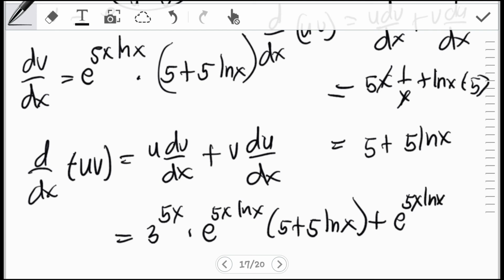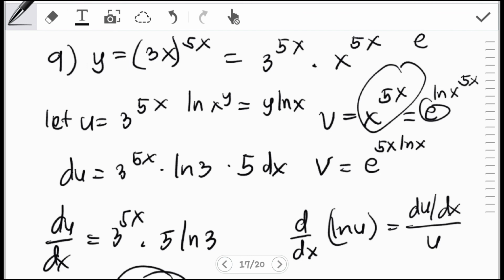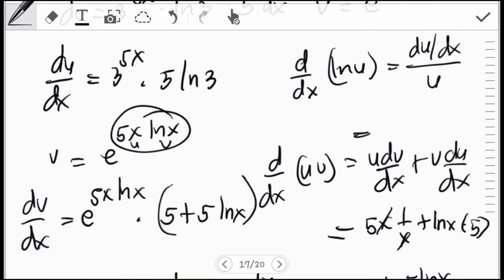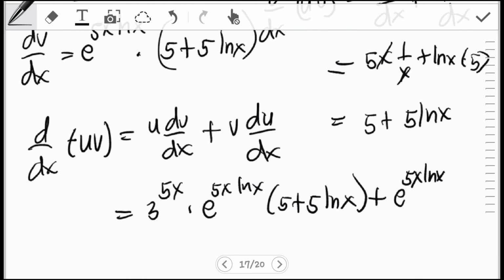And then du over dx, which is 3 to the power 5x times 5 ln 3.